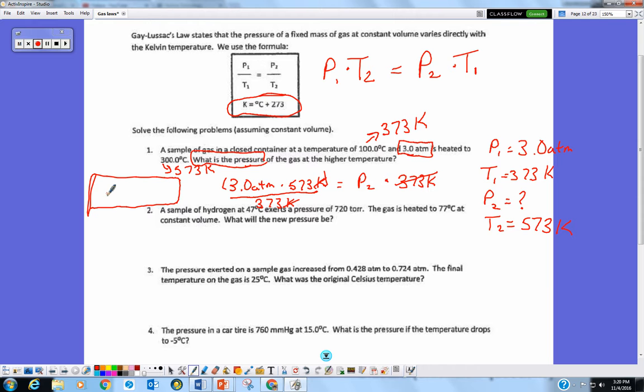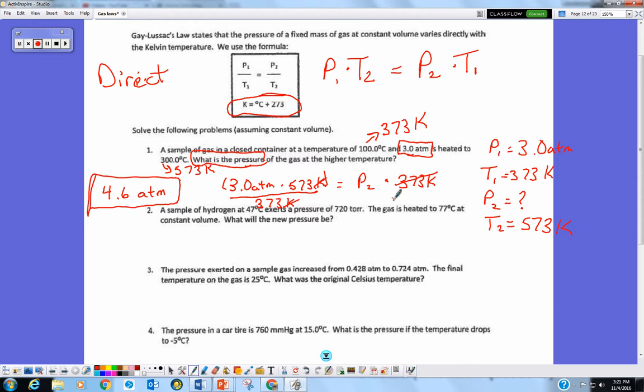So looking back at our solution, it would be 4.6 atmospheres. Now, just to go ahead and make sure that we follow through with what I've been showing you with the relationship before, we said that this relationship is direct. Can't spell today, D-I-R-E-C-T.